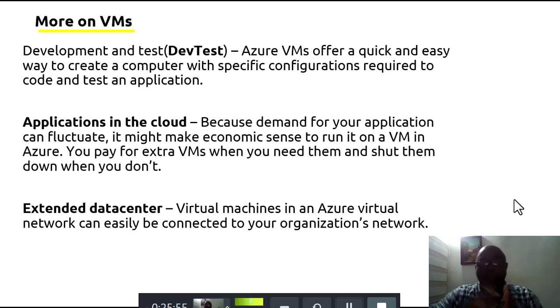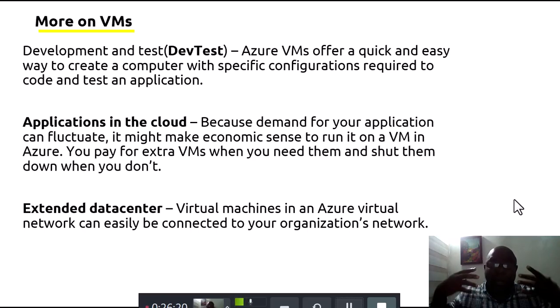Because the demand for your application can fluctuate, it might make sense to run it on a virtual machine in Azure. You saw how easy it was for us to create a virtual machine in Azure. I used RDP to connect to it, I used PowerShell to do something with it, and I tested it. So you see that it might be cheaper for you to run your workload in the cloud.